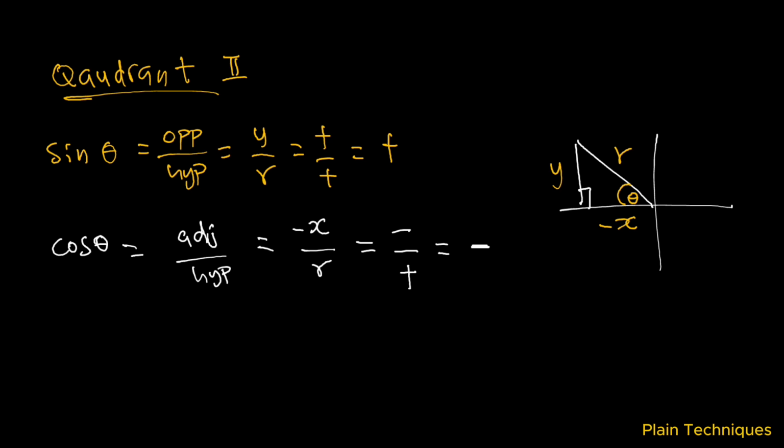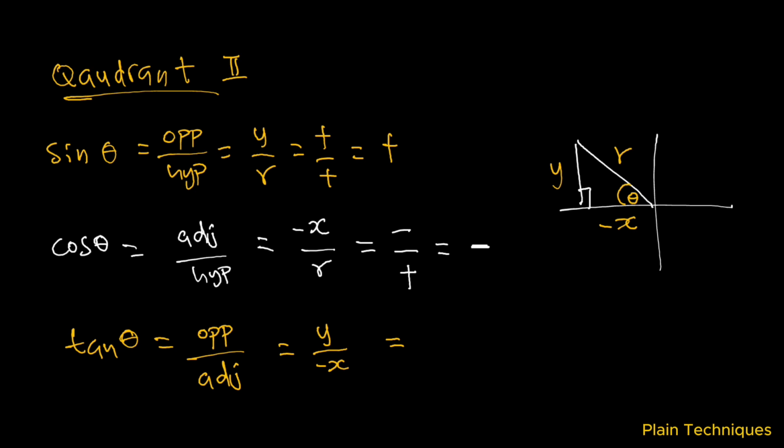Okay, now the last one, which is tan theta, which is opposite over adjacent. Look at this. What do you have? Opposite is positive y. Going to go ahead and put positive y, and adjacent is negative x.